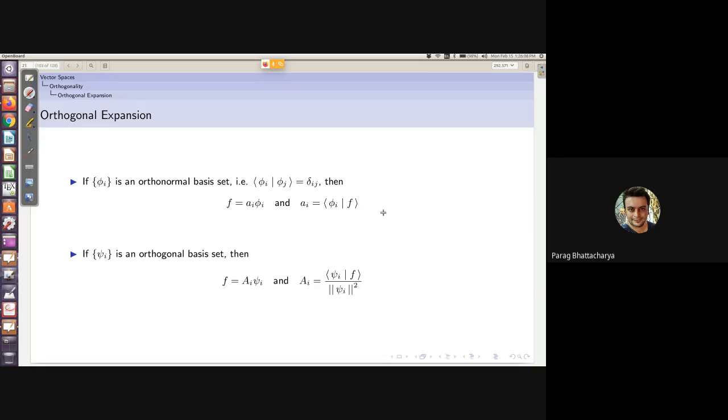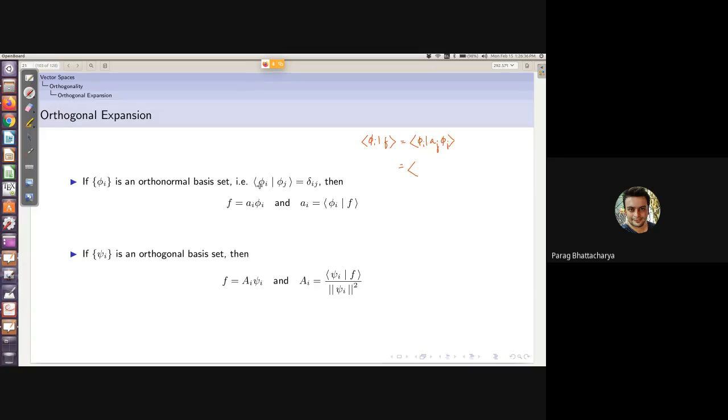So phi i with f is equal to phi i with what is f? f is a_i phi i. I'm going to use some other index, j: a_j phi j. Now by Einstein's summation convention, there is a summation implied here.